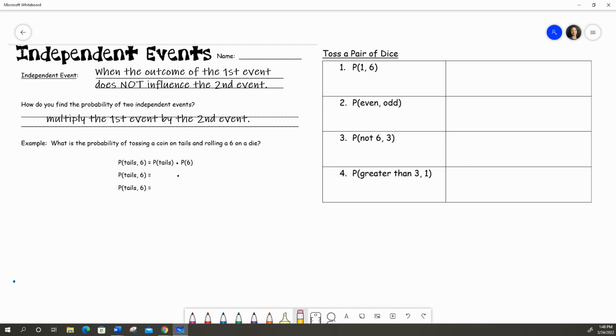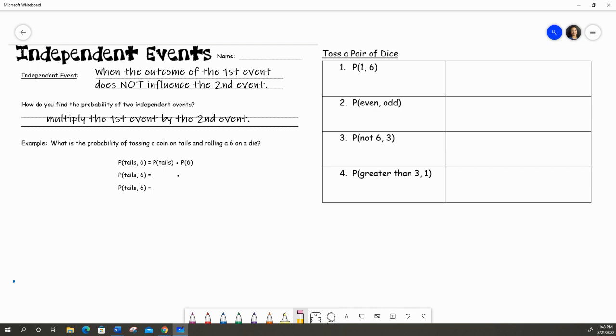An example of something that is not an independent event would be drawing a name out of a hat, not putting it back in, and drawing another name. That ends up affecting the chances of us drawing names the second time. So with independent events, the first event does not affect the second event. Meaning, it's not going to have an effect on one another.